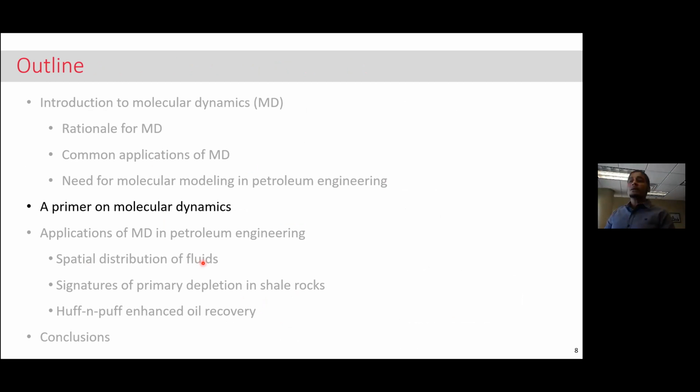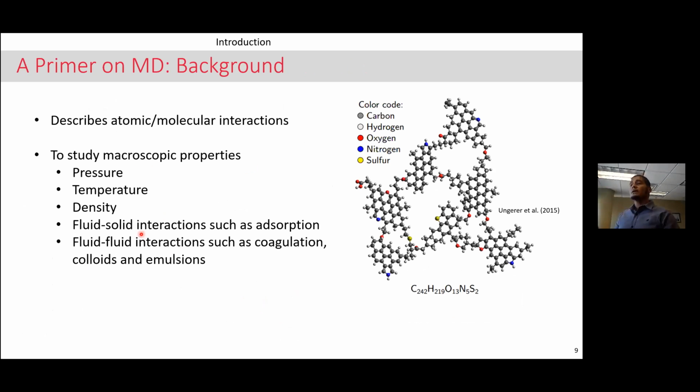Good. So what exactly is molecular dynamics? It's a very time-consuming, computationally expensive process. But in reality, what we're doing is constructing molecular models of various things that we want to study.